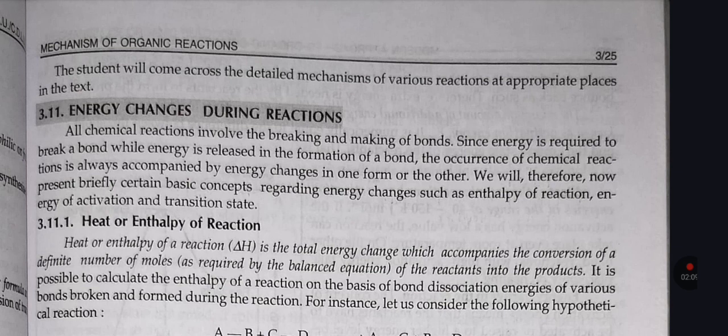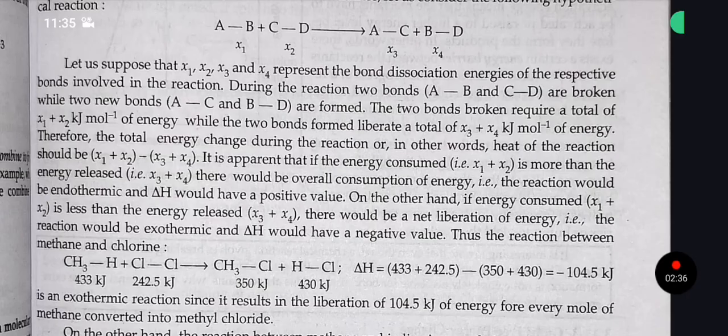Heat or enthalpy of a reaction is the total energy change which accompanies the conversion of the definite number of moles, as required by the balanced equation of a reaction, into the product. It is possible to calculate the enthalpy of reaction on the basis of bond dissociation energy of various bonds broken and formed during the reaction. For instance, let us consider the following hypothetical reaction.